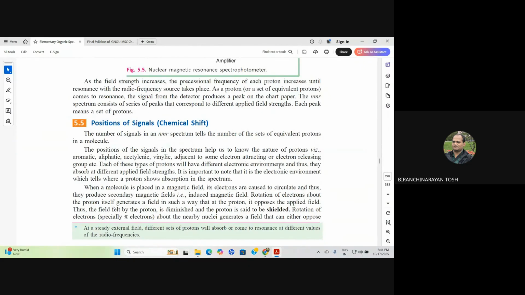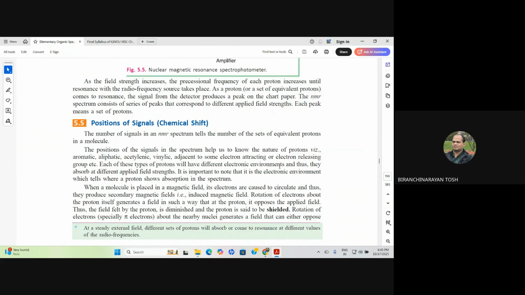So the thing is, if we are taking the NMR spectra of the molecule as a whole, not the single proton, then when we place the molecule in the magnetic field, the electron also spins along with the proton.